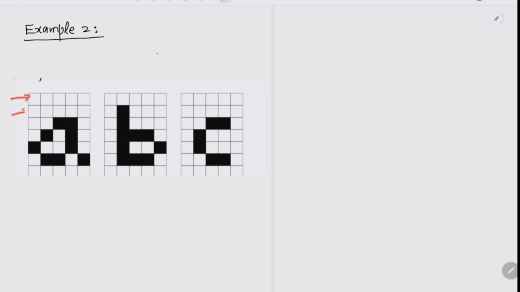Row 1, row 2, row 3, row 4, row 5, row 6, row 7. There are 7 rows. And how many columns? 1, 2, 3, 4, 5. There are 5 columns. So this will be a matrix in R of 7 by 5, and all these 3 images have 7 rows and 5 columns.